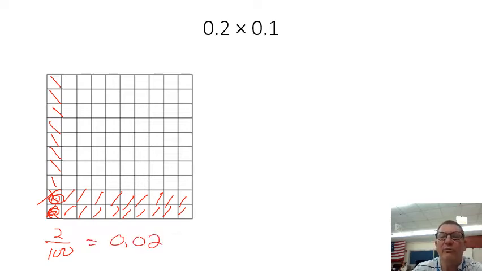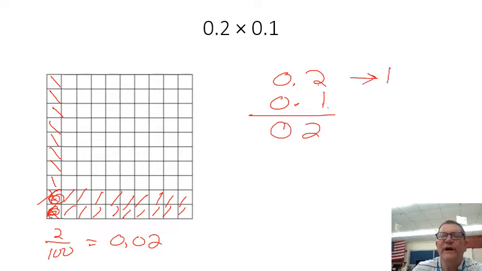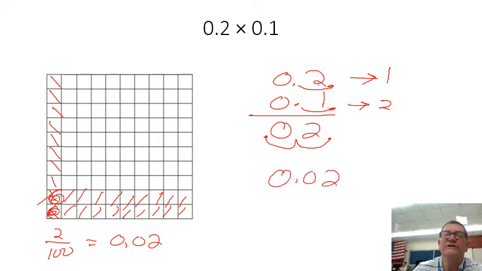Now, let's say we want to multiply these numerically, I've got 0.2 and 0.1. I'm going to treat it just like a whole number and multiply it out. 1 times 2 is 2. 1 times 0 is 0. Now, I can see that there's one place value for the decimal in this factor, and there's one in the other. So I actually have two place values I have to put back into this number. Starting right here, I'd go 1, 2, and I can see I have 0.02. This here is the numeric way to do it without doing fractions.